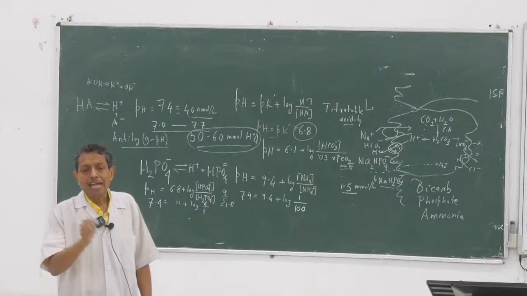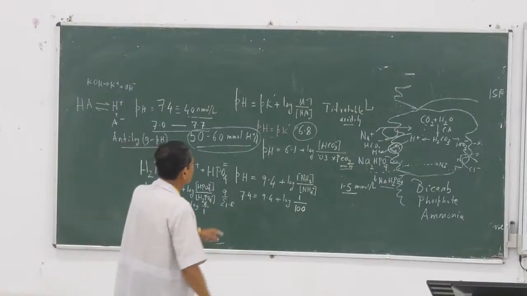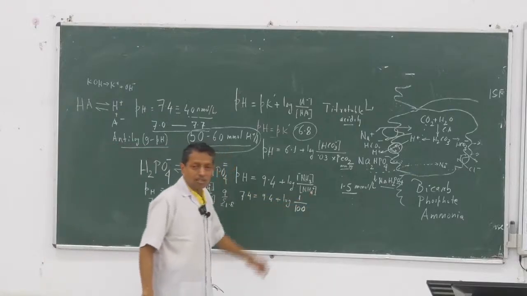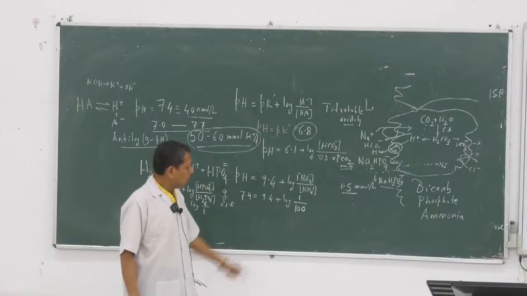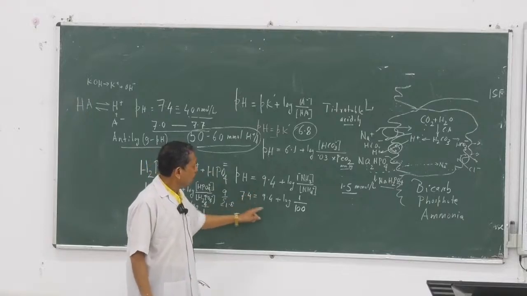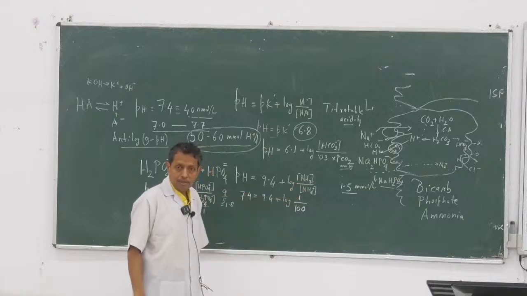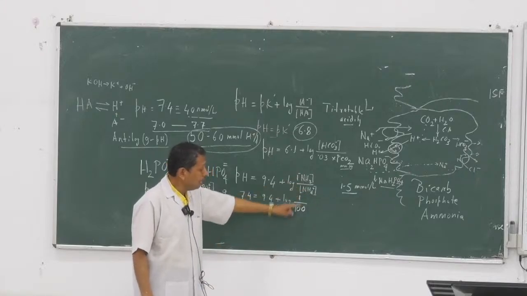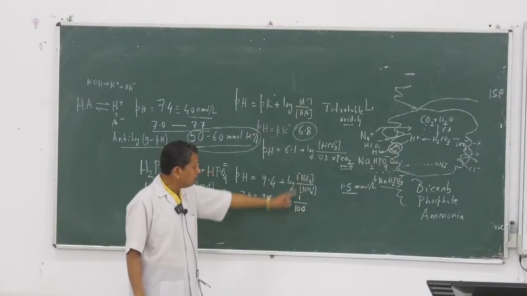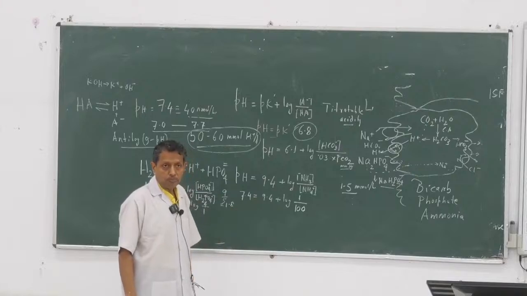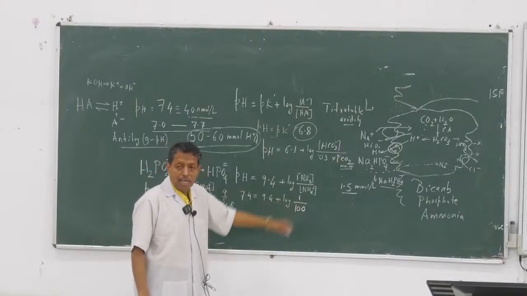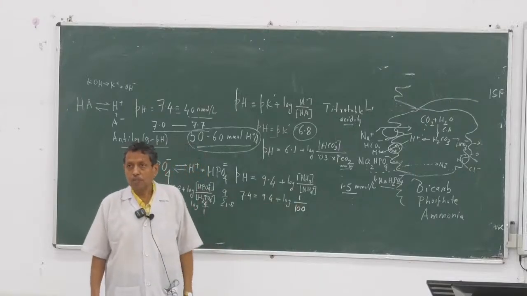And in that case, ammonia will not give up this hydrogen ion, because up to the level of 7.4, the protonated form will dominate 100 times over the non-protonated form. So it will not give up the hydrogen ion in the process of titration.